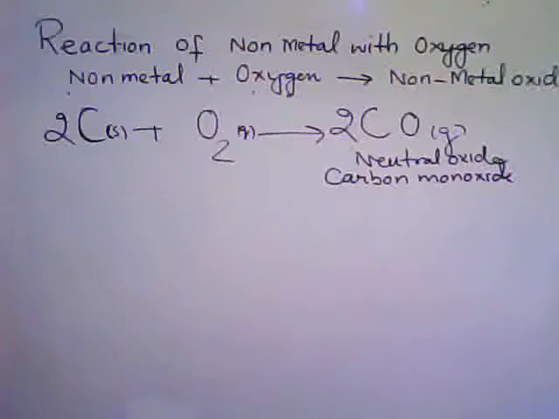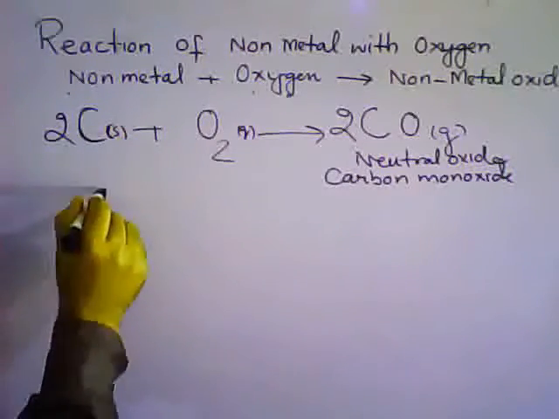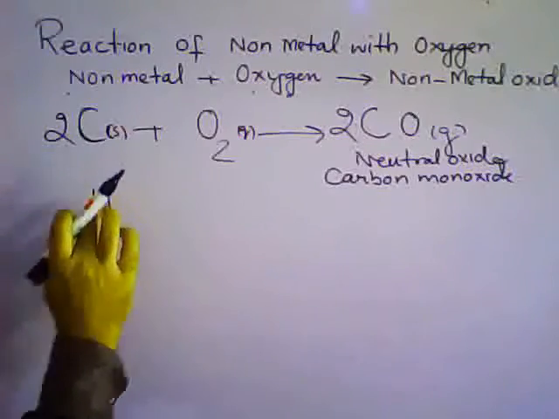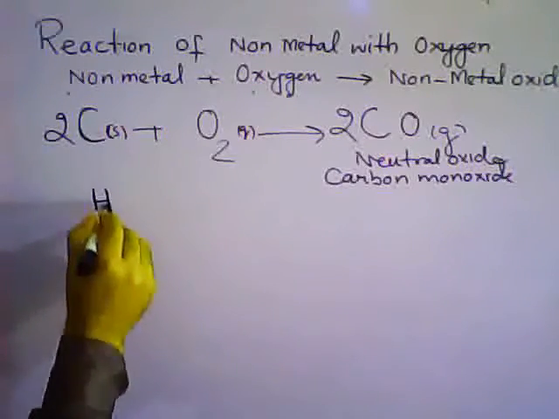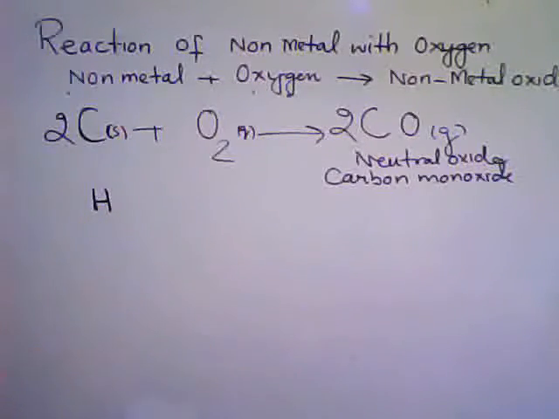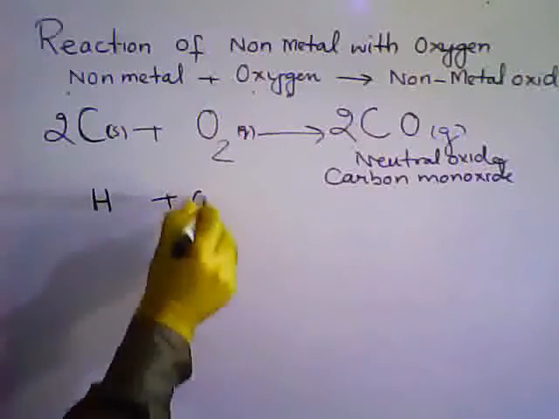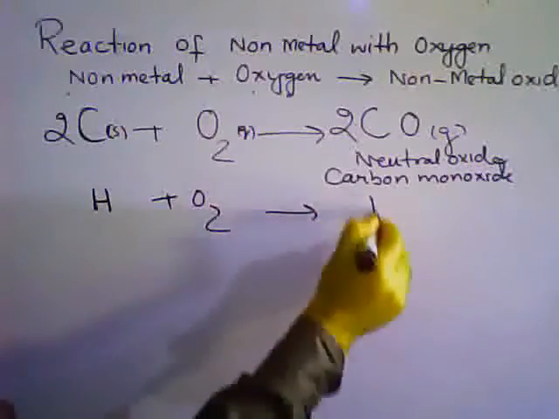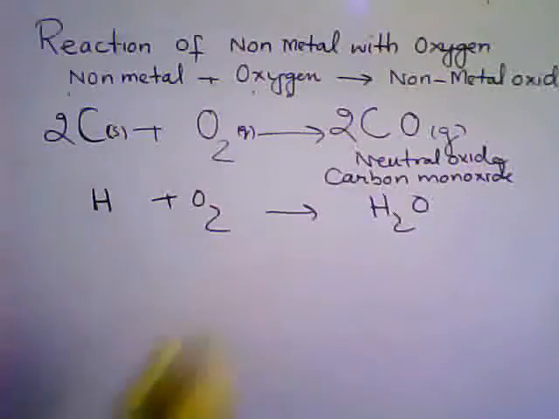Similarly, if we react hydrogen, this hydrogen has not been given a proper position in either metals or non-metals, so it can be included in both. It reacts with oxygen to form an oxide, H2O.